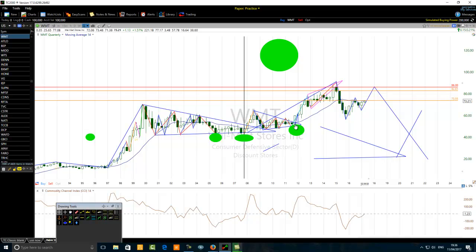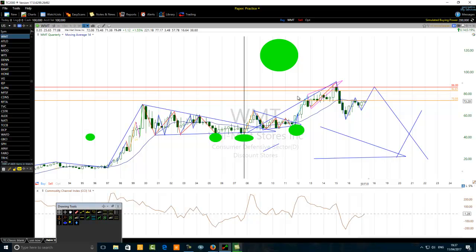We have different types of triangles: the ascending triangle, the descending triangle, the contracting triangle, and so on. But don't get too confused with those triangles. What you can do is go online and check the triangle chart pattern. There are a lot of articles that will show you all types of triangles that we can use.